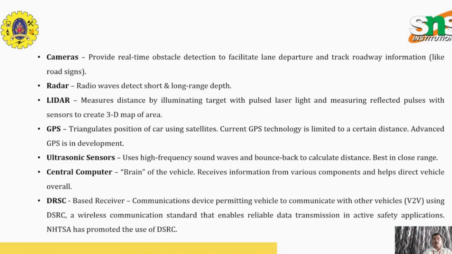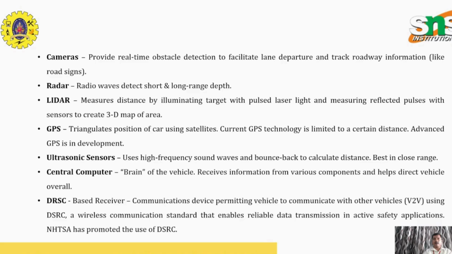For example, if you're traveling on a highway and the speed limit is 80, that means 80 is the speed limit in this particular lane. That is information given to the ECU by means of a camera.